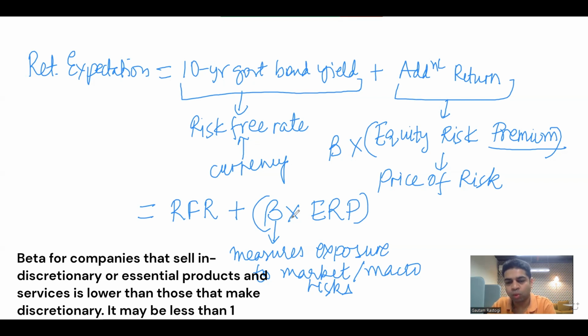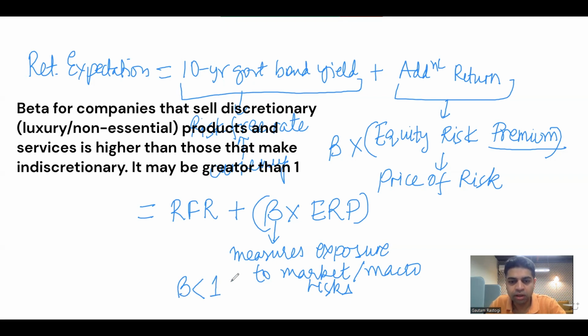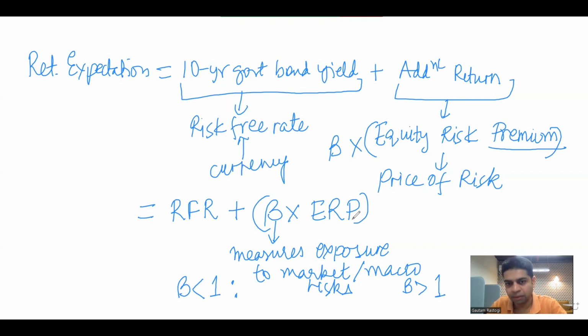So beta for companies which make non-discretionary products and services would be less than 1. Beta for companies which make discretionary products and services would be greater than 1, so they have more risk than the market.